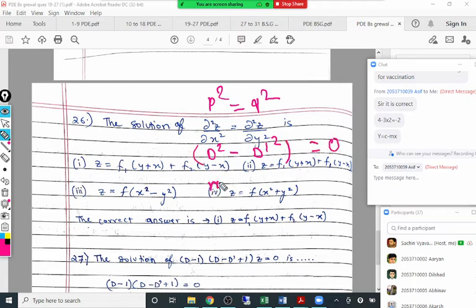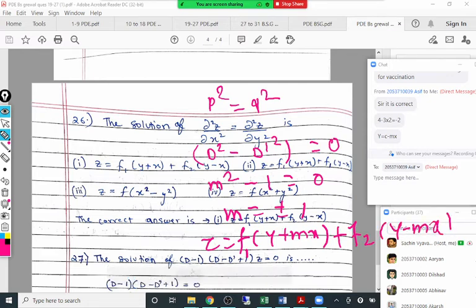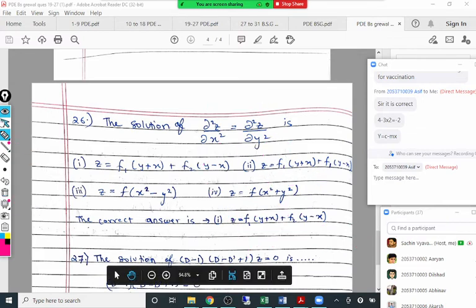So d square is m square minus 1 equal to 0, so m is plus or minus 1. As m is plus or minus 1, z equal to f1 of y plus mx plus f2 of y minus mx. So that is the solution. That way we can get these solutions. Good, that's the correct answer. This is the answer which is written correctly here.